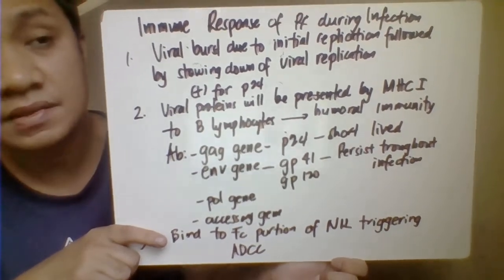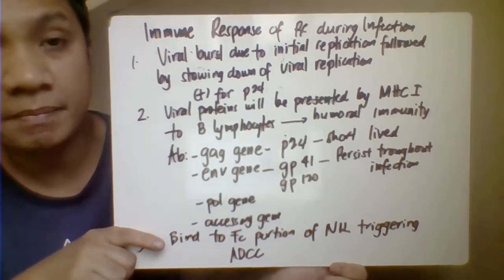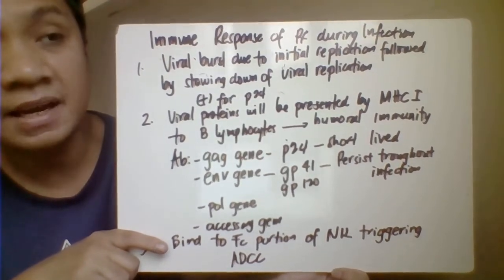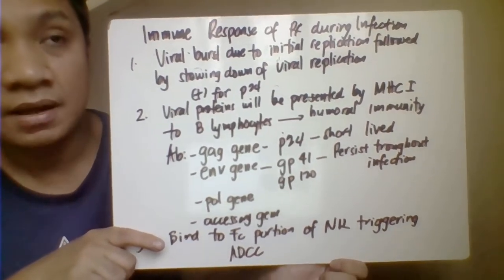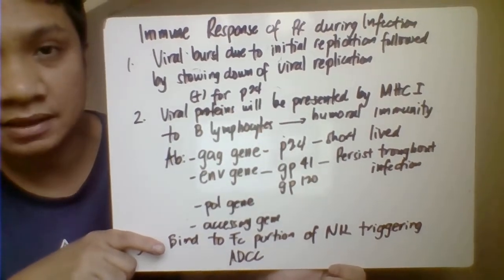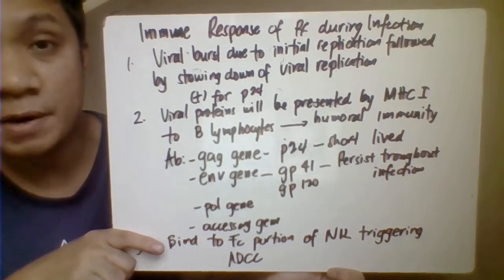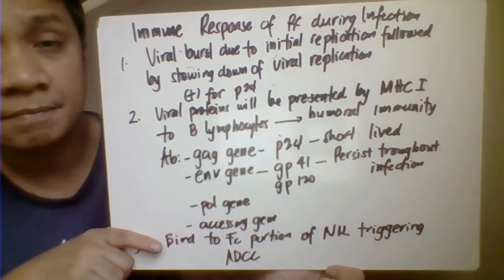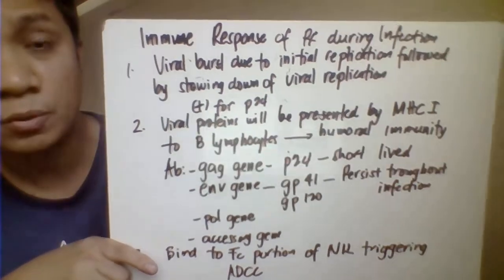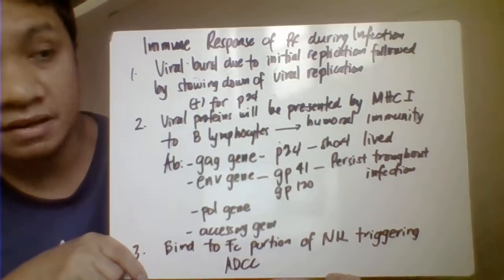So this is the first serological marker that will be present if the patient has infection with HIV. But then again, a problem with the P24, it is the first to appear, but that marker will not persist for a longer period of time. So madali din siya nawawala. And therefore, we could not really rely on that marker for us to diagnose someone na may HIV.